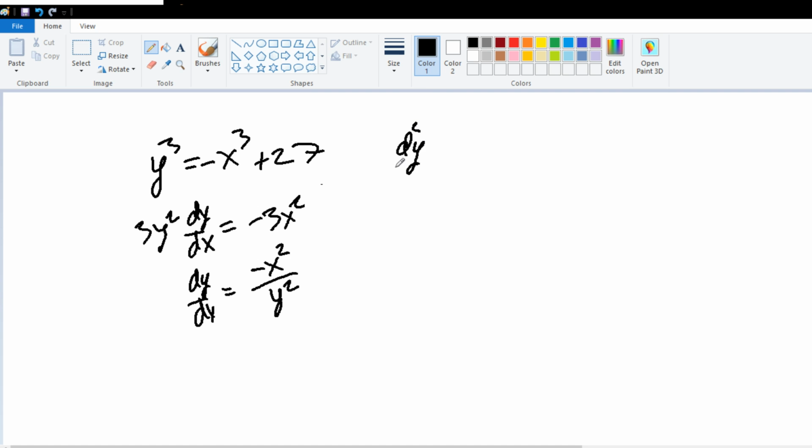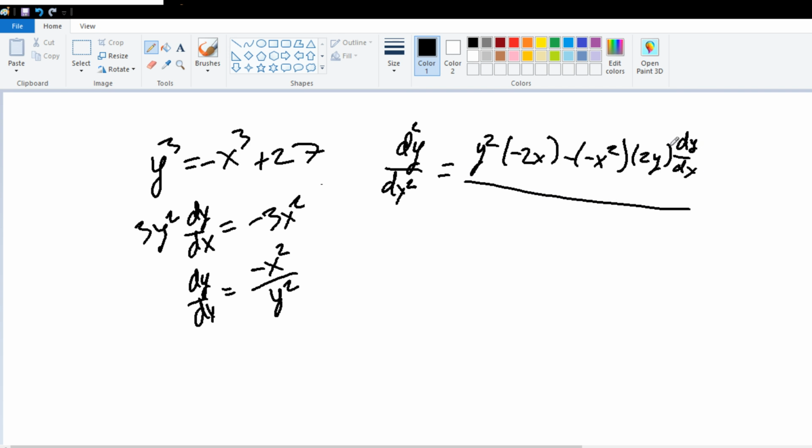So we get d squared y dx squared equals, this is a quotient rule, so we have the denominator times the derivative of the numerator minus the numerator times the derivative of the denominator, and since we take a y derivative there, we need to multiply by dy dx, and then we square the denominator.